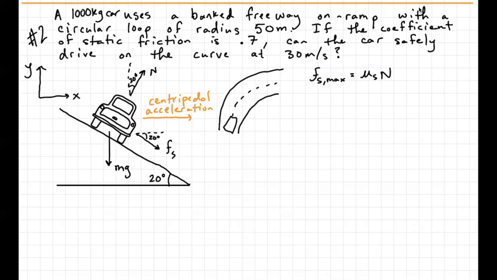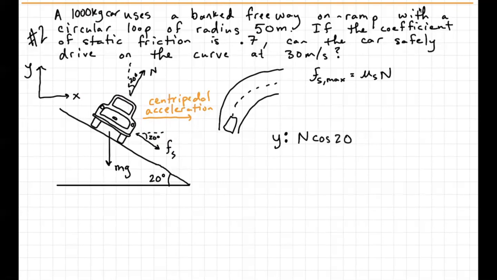So if I work with the y direction first, the net force in the y direction is n sine 20 minus fs. Oh, excuse me. Not n sine 20, n cos 20, excuse me, my mistake.